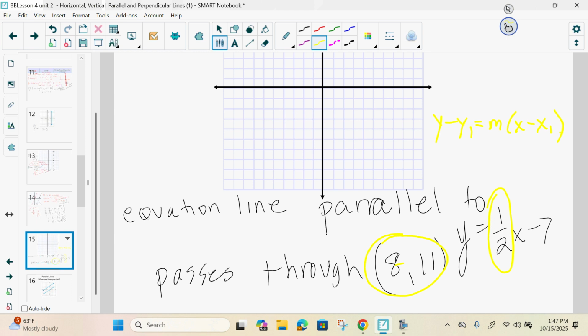Then plug in, plug in, plug in, based on these two things. So what's the y1? What's the m? X minus.